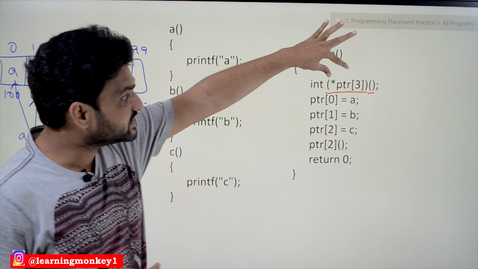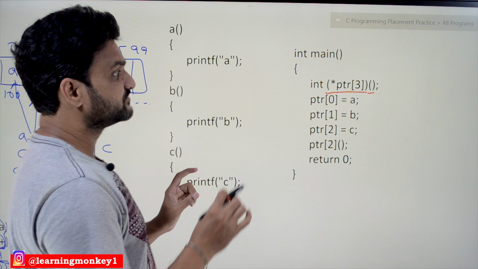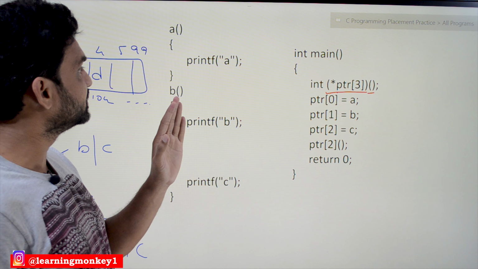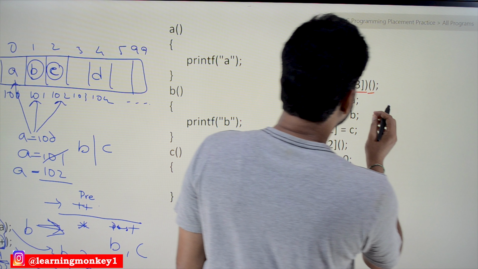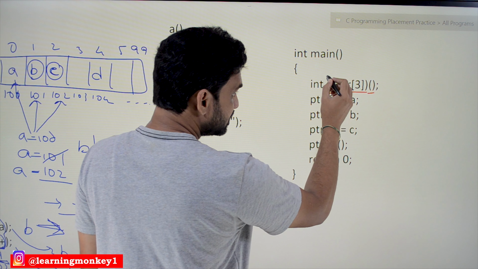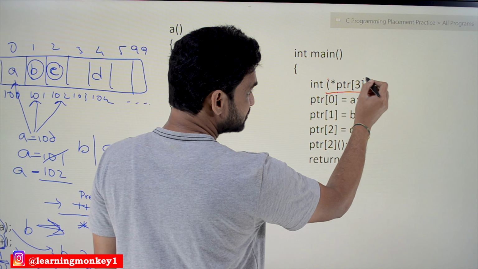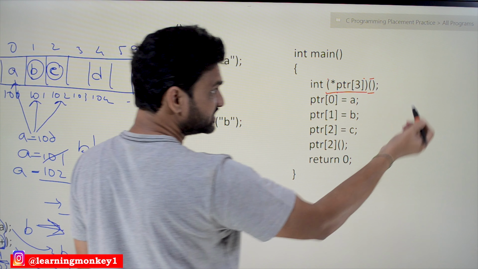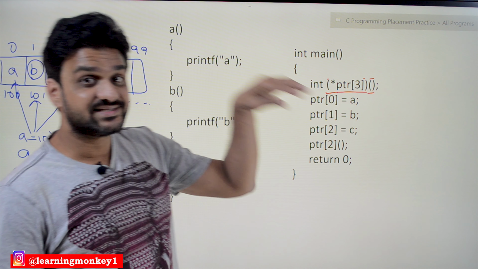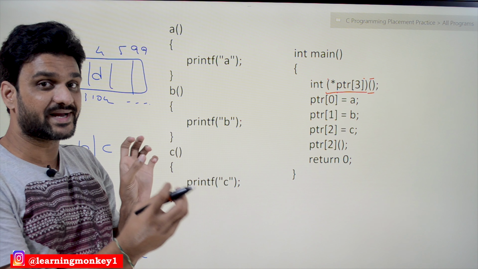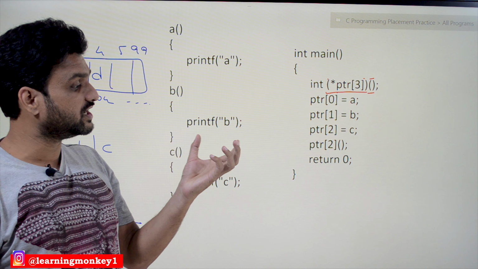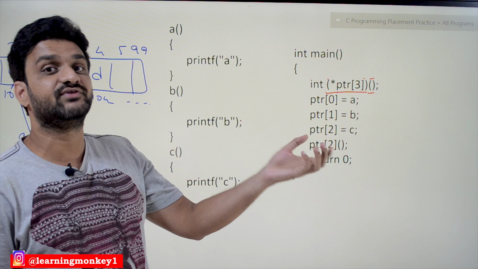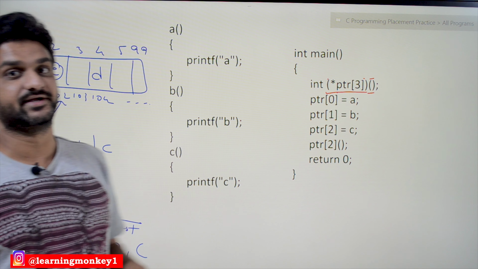What this declaration states is, first we have to go with the precedence table. Based upon the precedence table, the parentheses have the highest precedence, and both parentheses have an associativity of left to right.